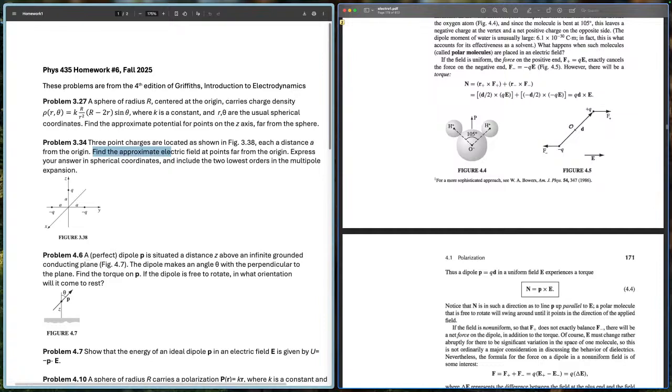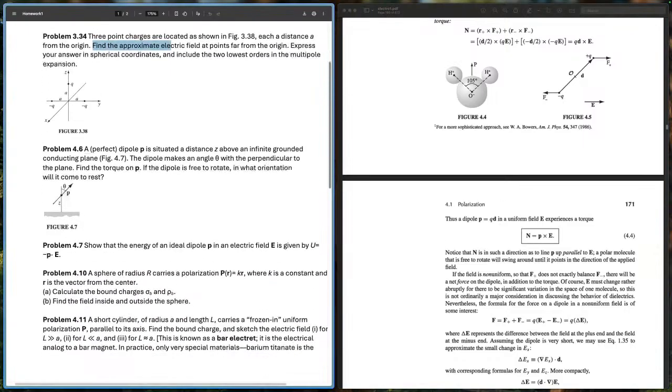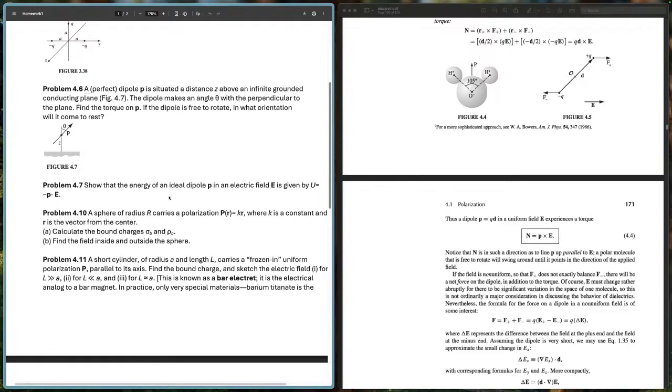So the dipole experiences a torque. It is given by P cross E. Okay, so I also need to figure out the electric field due to this grounded conducting plane.